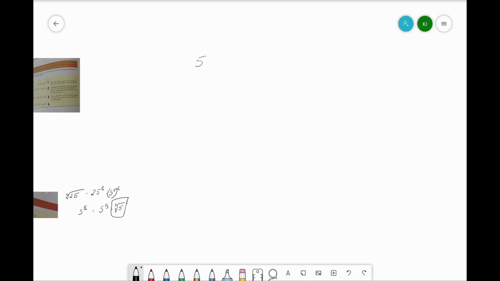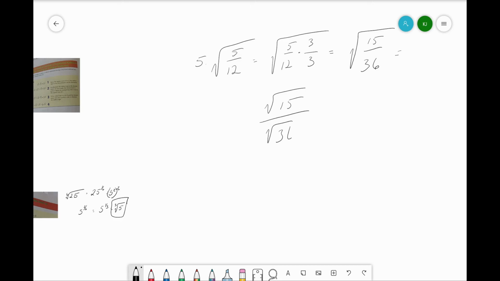Alright, so let's go over 2 problems, one from each section. So from 13.6, we're going to go over question 5. And question 5 is 5 over 12, which since we're trying to make it so that one of these can be squared, the easiest thing to do is take 5 over 12 and times it by 3 over 3, which then gets us 15 over 36, which we then can just say, well, that's the square root of 15 over the square root of 36.